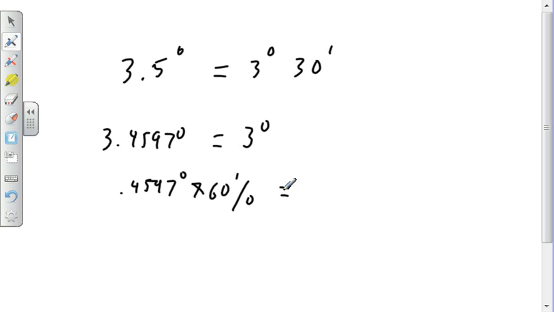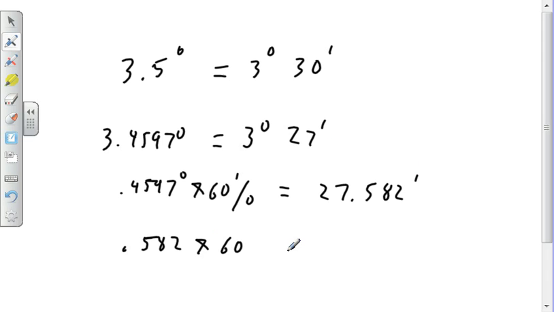Okay, so if my calculator was on point, I'm almost there. 0.4597 times 60. And I get 27.582 minutes. So I can say that this is going to be 27 minutes. And then I take the fractional part, 582, and I multiply that by 60 again.